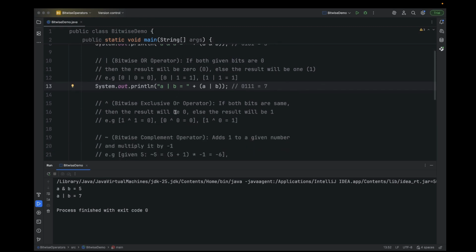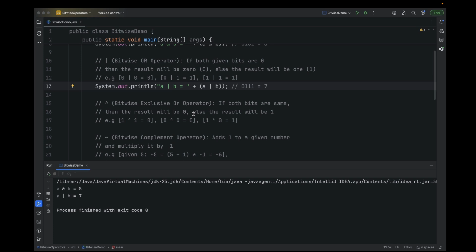So now let's go to the bitwise exclusive OR operator. Now what did this one say? This one says if both bits are the same, then the result will be 0. Else, the result will be 1. So if it is 1, 1, it should be equal to 0. But if it is 0, 0, it will give you what? 0.